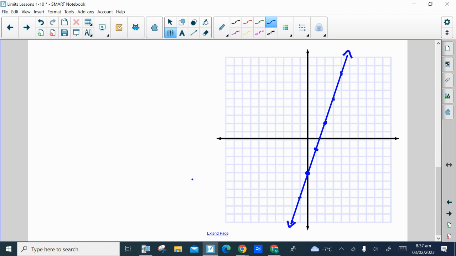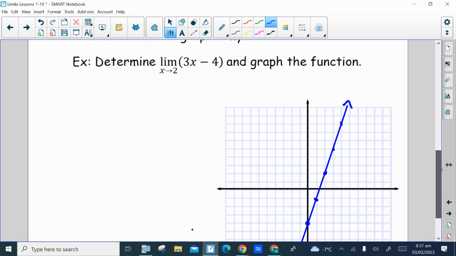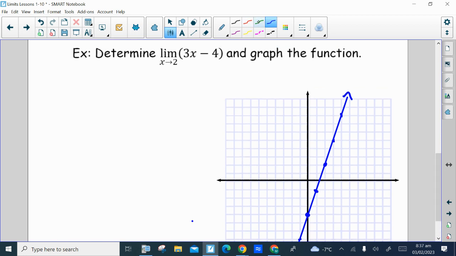We want to find the limit as x approaches +2. So where is that on the graph? X equals +2 is right there. As x gets closer and closer to +2, the graph will approach that point right there, where in this case, y also equals 2. That is the point (2, 2). As x gets closer and closer to 2, the value of y will approach 2.